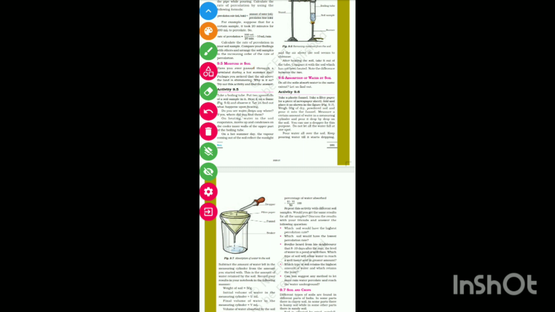Measure a certain amount of water in the measuring cylinder and pour it drop by drop on the soil. You can use a dropper for this purpose. Do not let all the water fall at one spot. Pour water all over the soil. Keep pouring water till it starts dripping. Subtract the amount of water left in the measuring cylinder from the amount you started with. This is the amount of water retained by the soil.